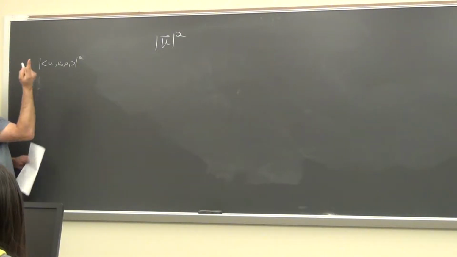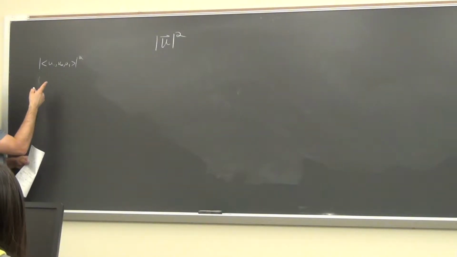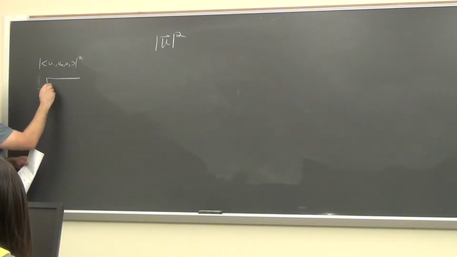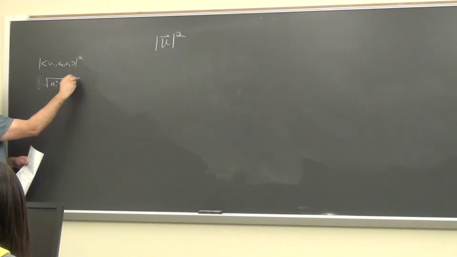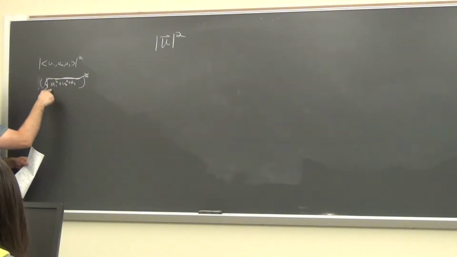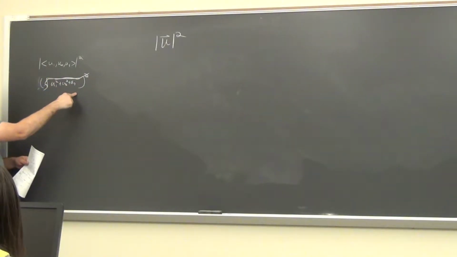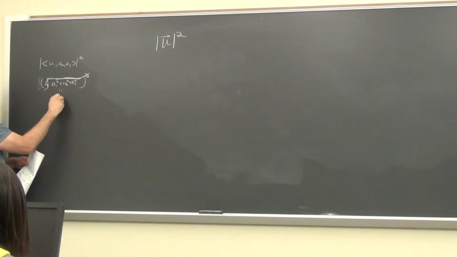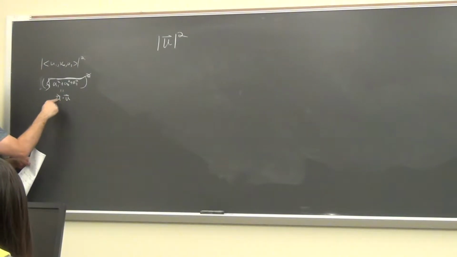I used u before for unit vectors, but this is just an arbitrary vector. It's the square root of u1 squared plus u2 squared plus u3 squared. If I square it, I cancel out the square root, so I get u1 squared plus u2 squared plus u3 squared. That's the same thing as u dotted with u.